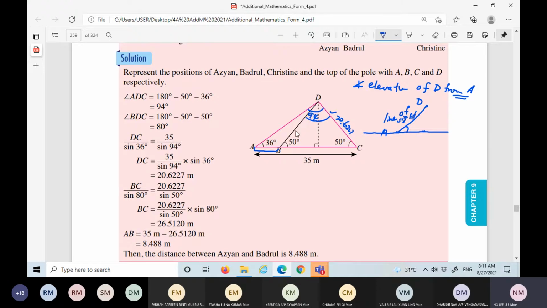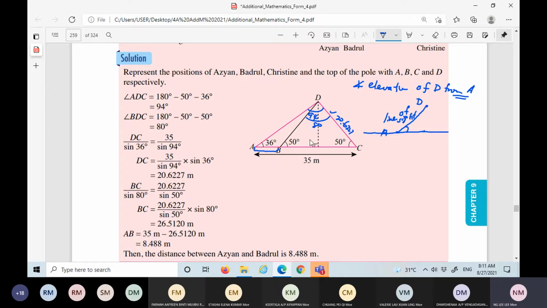For this smaller triangle, 180 minus these two, so here is 80. Using this 80 degrees paired with BC here, and DC, the 20.6227, paired with the 50 here, you get BC. After that, AB you can find from 35 minus BC.